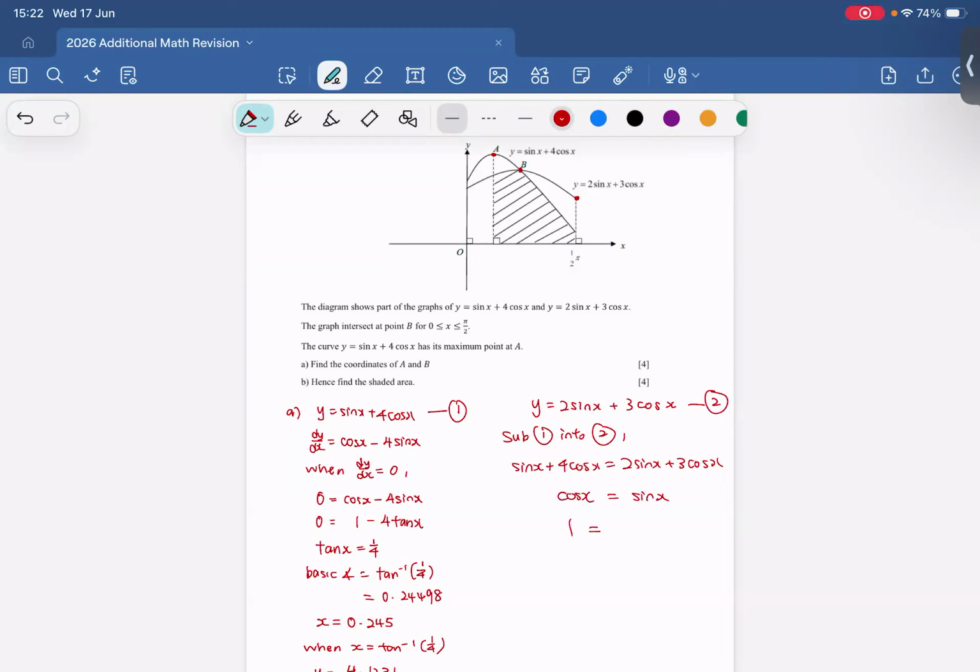Divide by cosine, divide by cosine. I know my x. You do tangent inverse 1, you get pi over 4 radian. Okay, this needs to be exact. This cannot be in decimal because this is your special angle.